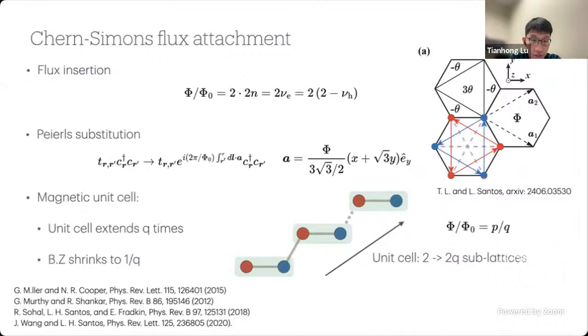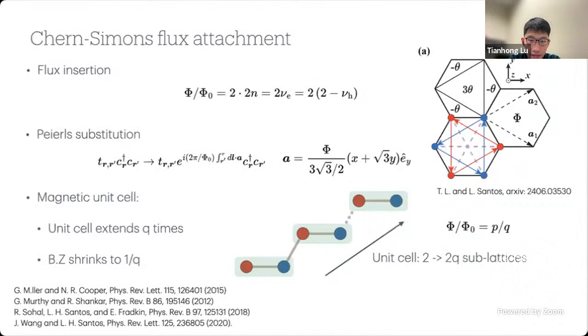For example, if the flux insertion is a fraction P over Q, where P and Q are coprime integers, we can extend our unit cell Q times. After doing that, translational symmetry is restored. But the effect is that the Brillouin zone shrinks to 1 over Q.